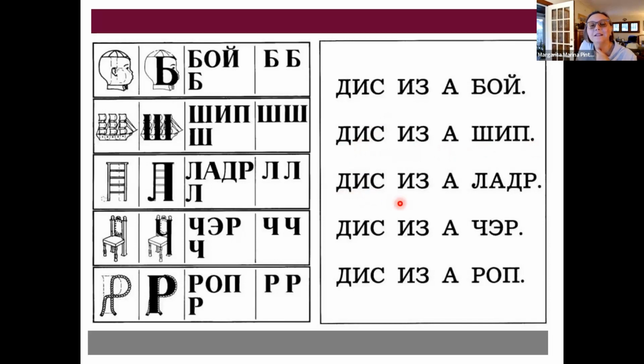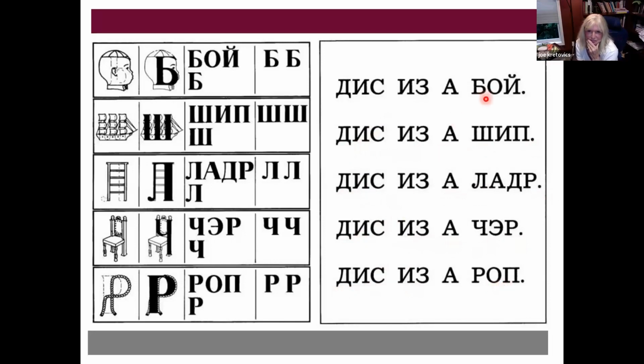This is a ladder. Ladder. Good. This is a chair. Chair. And the last sentence. Let's read it together. This is a rope.